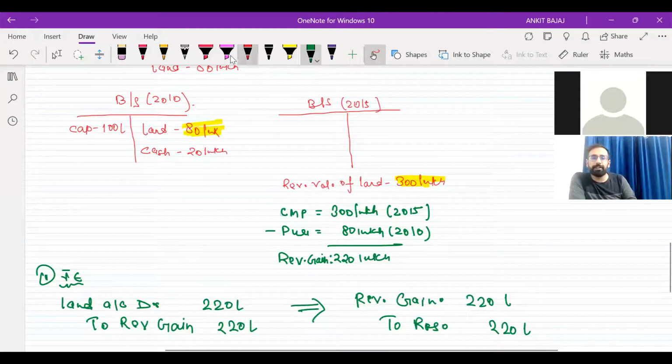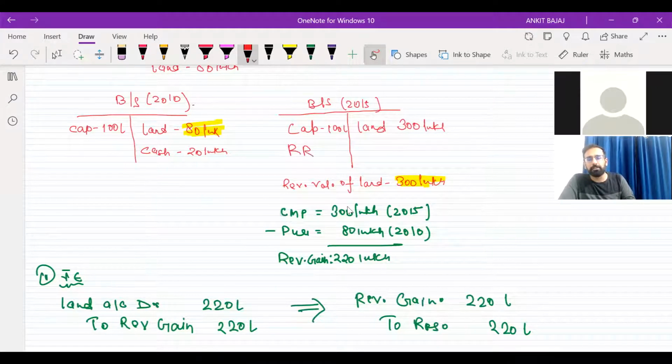Now, what will be the effect of this journal entry in the new balance sheet for the year 2015? Here, the value of land is going to be 300 lakh. Your capital value is going to be the same, 100 lakh. And here you will record the revaluation reserve.